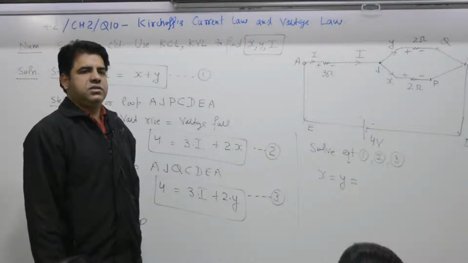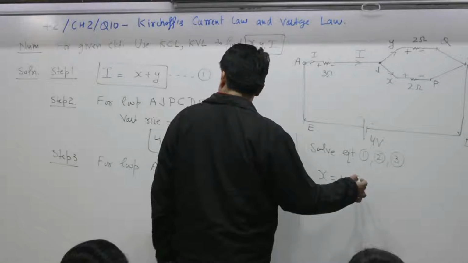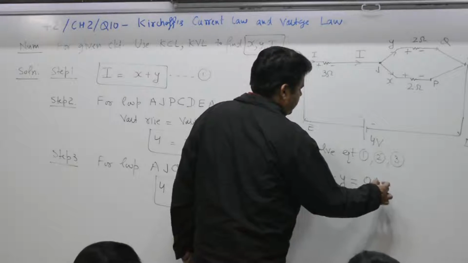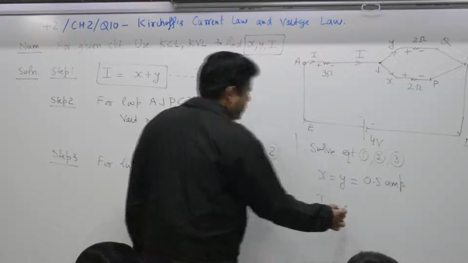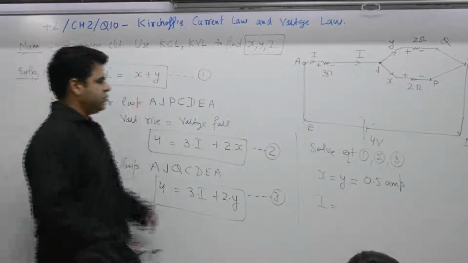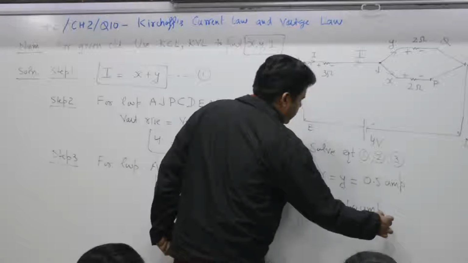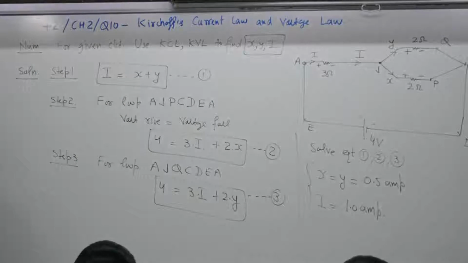How much? 0.5 amperes. And I is equal to what? 0.5 plus 0.5 is 1 ampere. So you have 3 equations, 3 unknown. Single question you have applied Kirchoff current law as well as Kirchoff's voltage law.